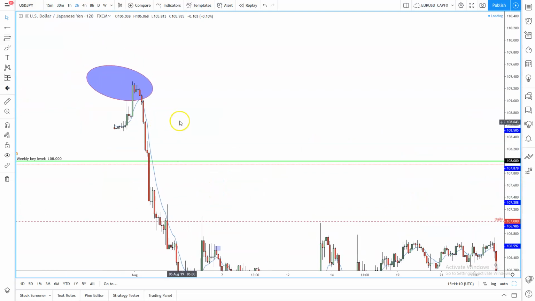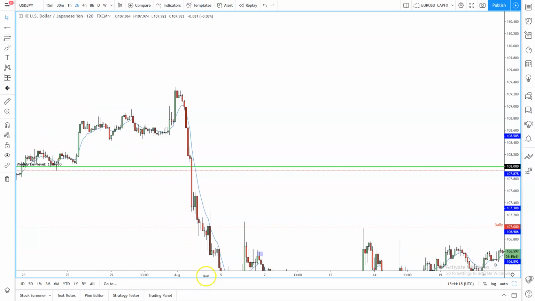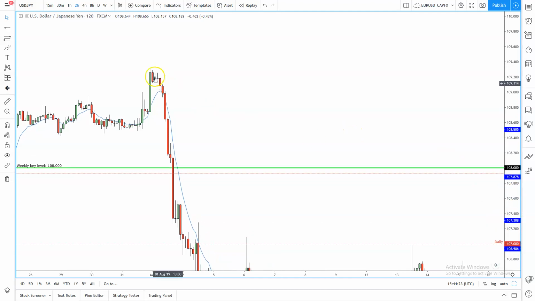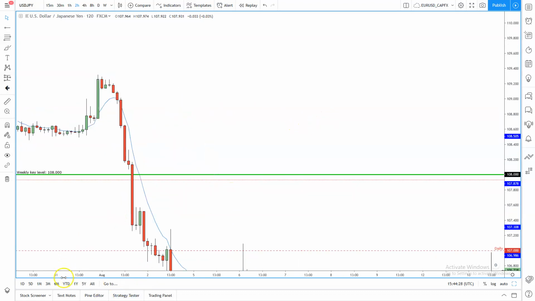Alright, just give me a moment. Should find one. Okay, perfect. We just found one. Here's one here, 1, 2. These 2 candles there making a tweezer top formation.